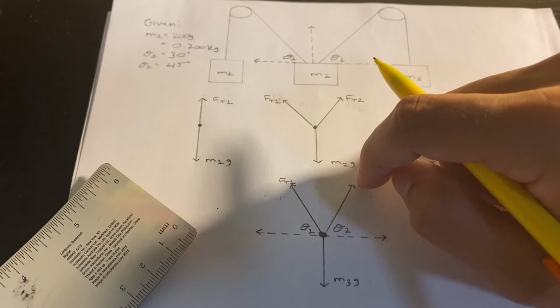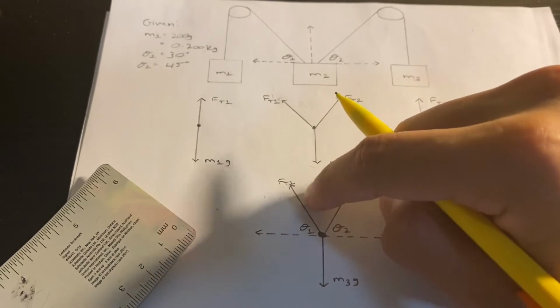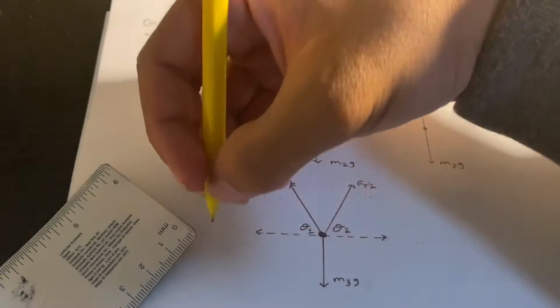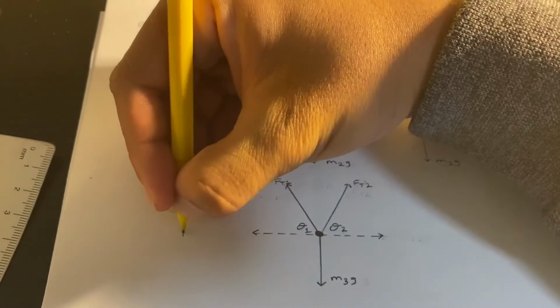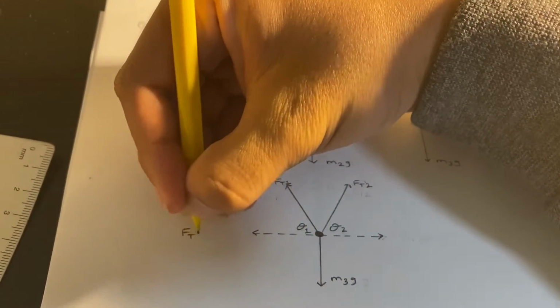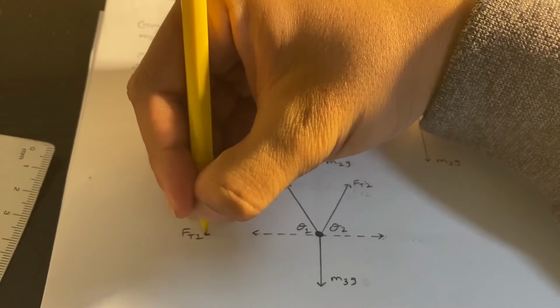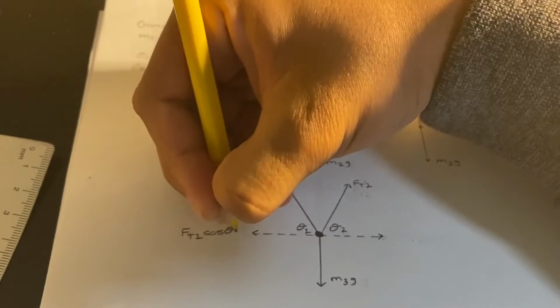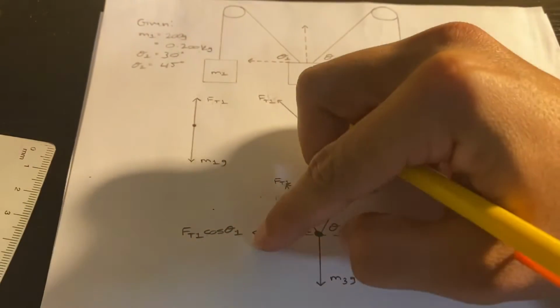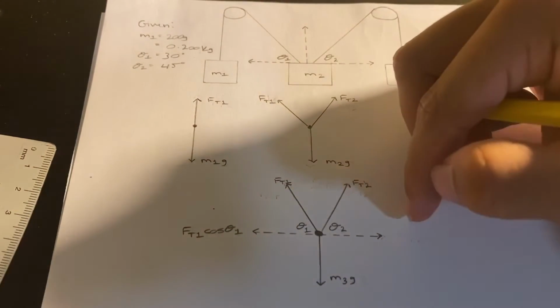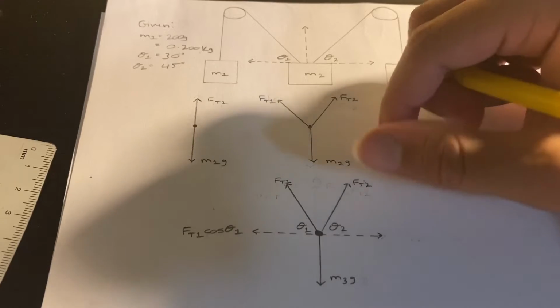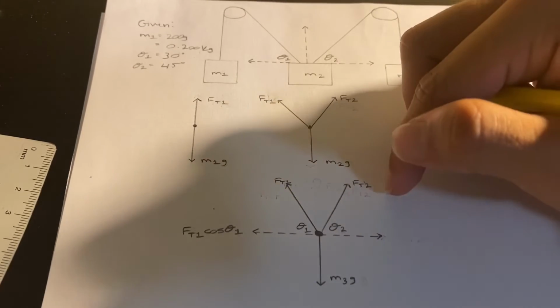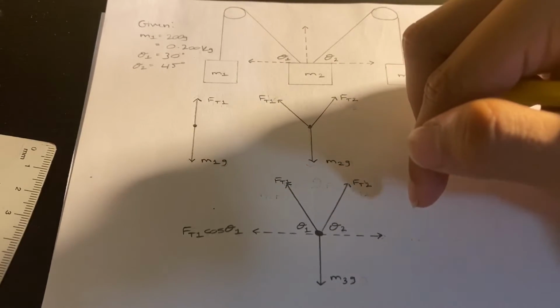So this will be Ft1 cosine theta 1. And similar to how we did on this side, we will also do the same thing on this side, except we have theta 2 and Ft2, so it will be Ft2 cosine theta 2.